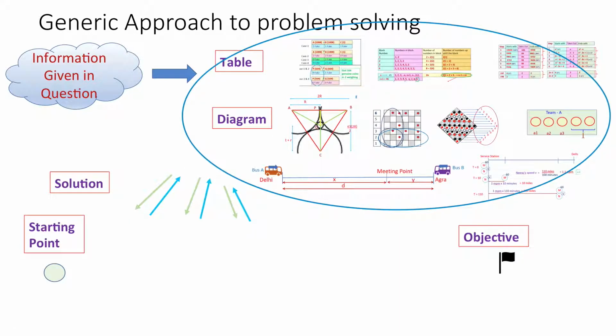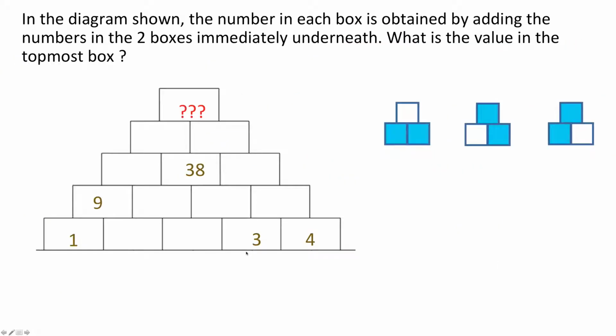A starting point, as you all know, is the very first step, the easiest step to be taken based on the information which is available to you. So let's look at what could be our starting point. If you look at this structure carefully, we'll try to find a set of three blocks of any of these three shapes, so that we know the values of two boxes very easily, and the third one we can find.